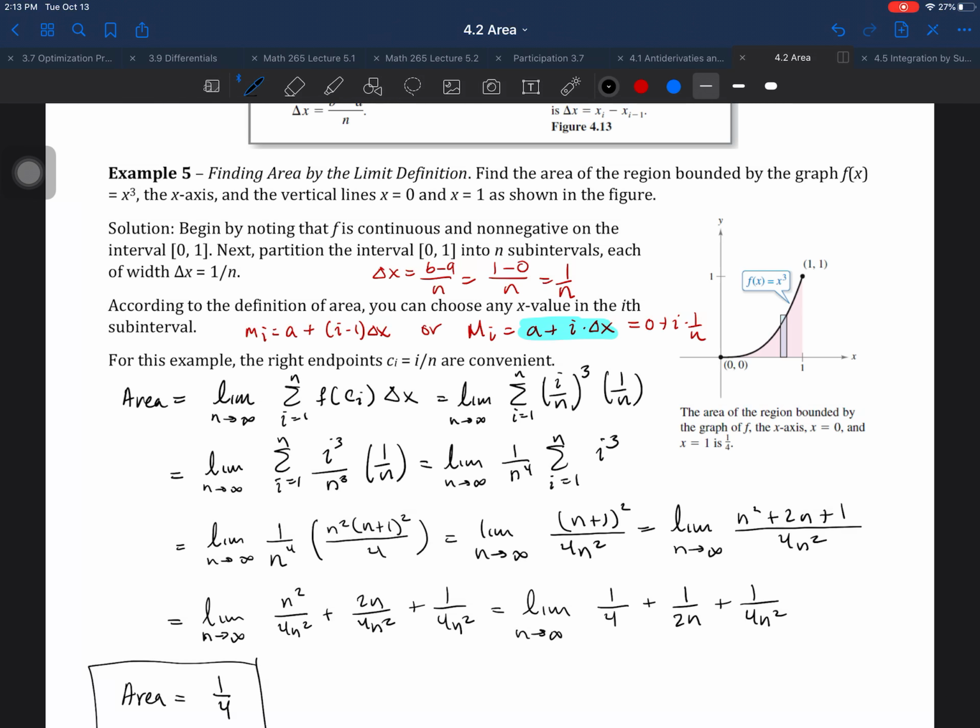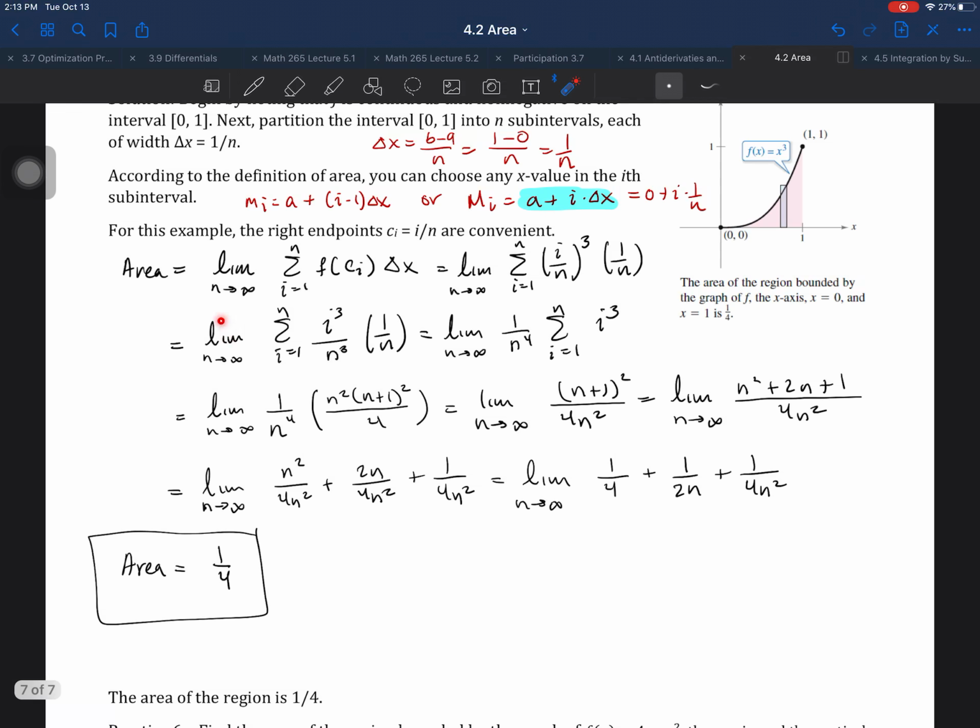All right, so let's go ahead and apply it. We're going to plug in i over n into the function. Well, what is the function equal to? f of x equals x cubed. So you're replacing x with i over n. That gives us i over n cubed times your delta x, which is 1 over n, the summation from 1 to n as n goes to infinity.